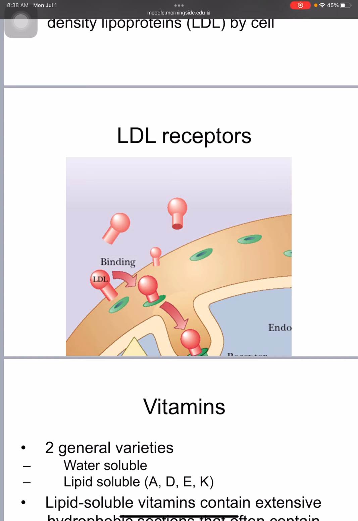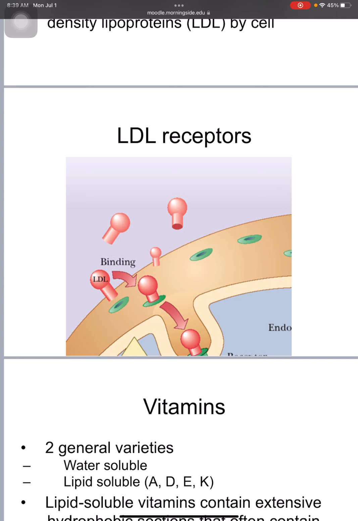All right? So, why are LDLs bad for you? Well, if you have too much cholesterol, the cell says, I don't need any more cholesterol. Please, no more cholesterol. So it'll take in an LDL receptor complex and disassemble it.